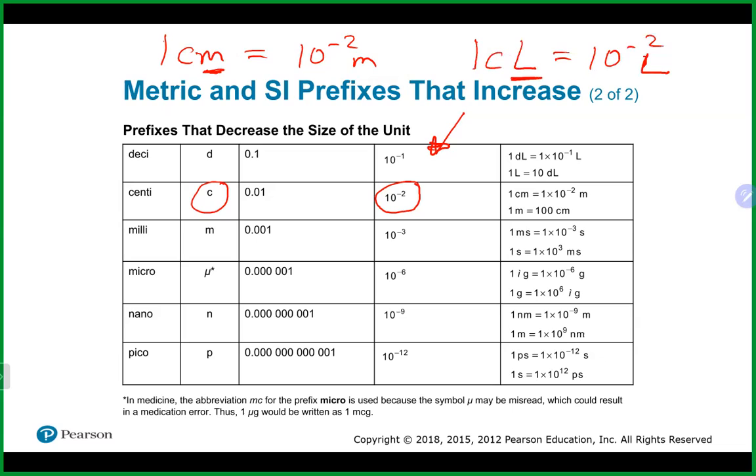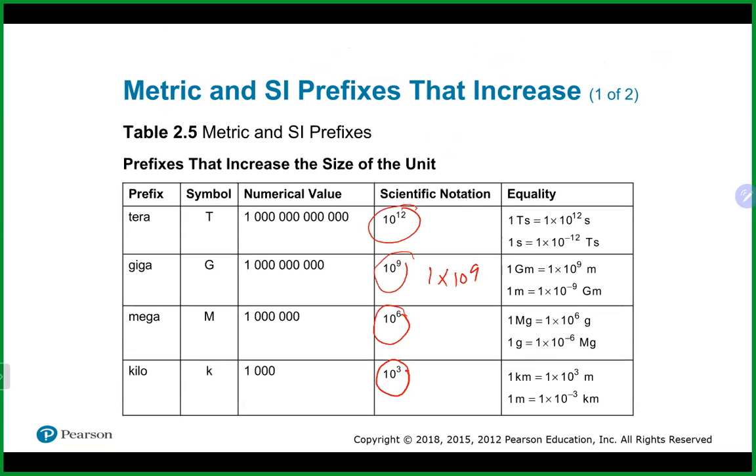If you did it for kilo, kilo is 10 to the 3. So once again, in 1 kilometer, there would be 10 to the 3 meters, and 1 times 10 to the 3 is 1,000. So that's how the other number comes about.